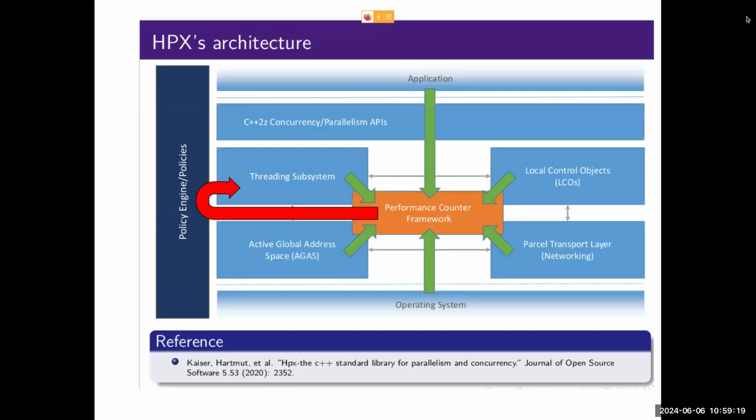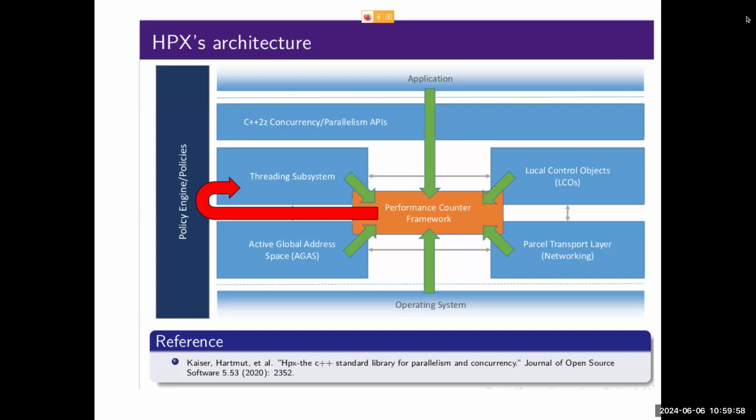So this is the basic architecture. So local control objects would be things like futures, mutexes, things that are local to one processor, promises, but there's also a global promise. There's the threading subsystem that selects which task to execute, which order. It's what we call an active global address space.